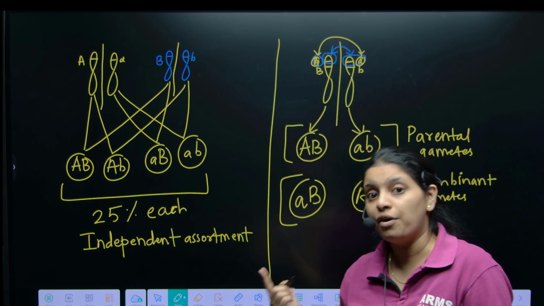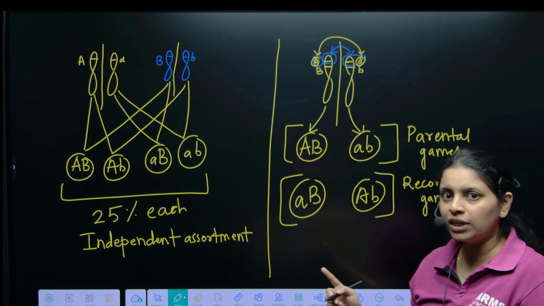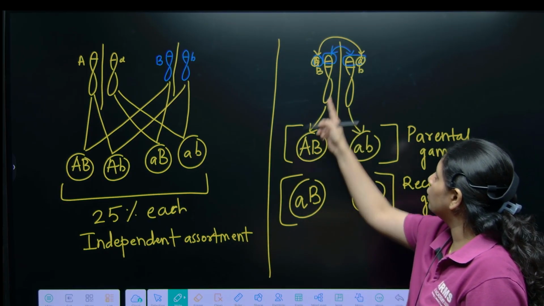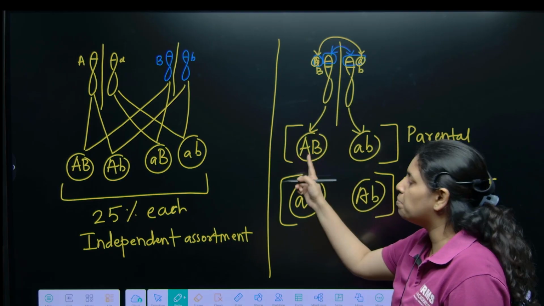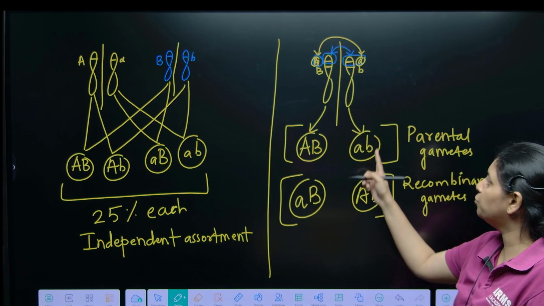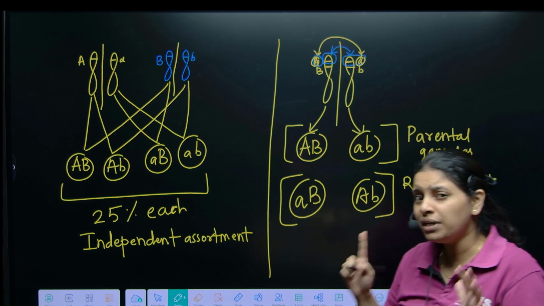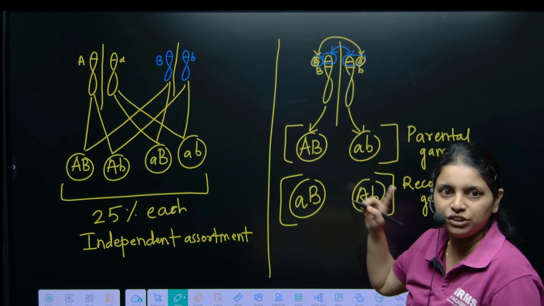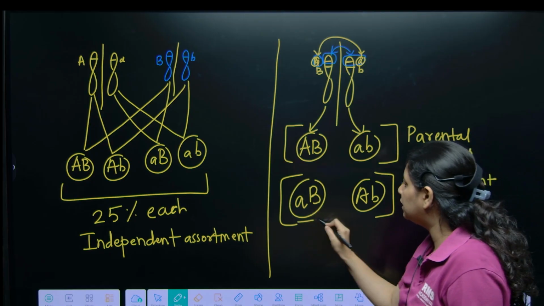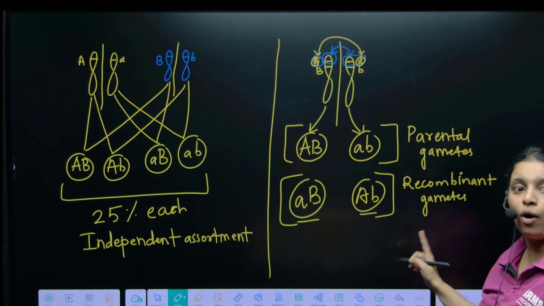Obviously, it will be rare, right? Most of the cases, what will happen? The chromosomes will separate as it is and hence capital A, capital B will remain together and small a, small b will remain together. But sometimes, rarely, when crossing over occurs between these AB genes, right? That time you will get these two types of gametes, the recombinant type.